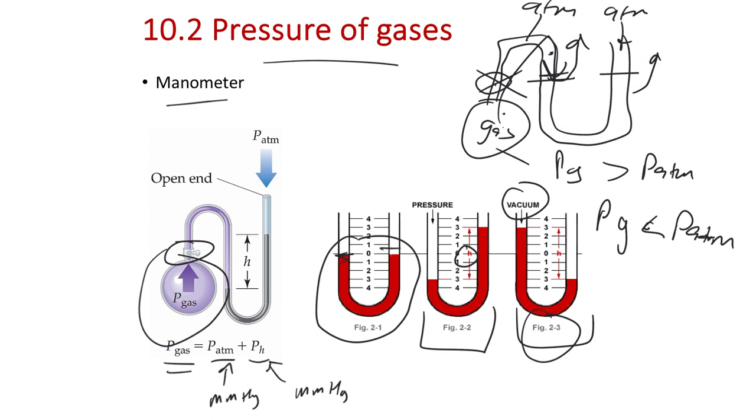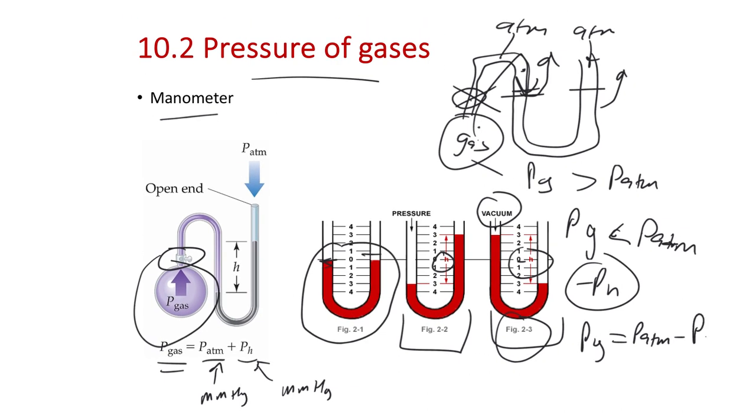And then we're going to do one of two things. We're going to take our height difference as being negative, or we'll take the pressure of our gas as our atmospheric pressure minus the height difference. We have to subtract to get a pressure that's below atmospheric pressure. And again, we're going to track both of these in millimeters of mercury, or some unit that's common to both the atmospheric pressure and that height difference.